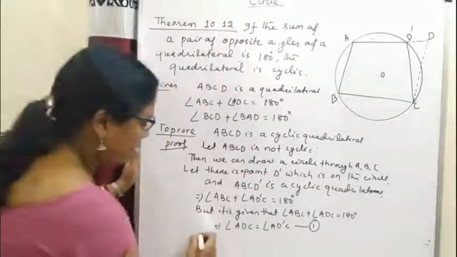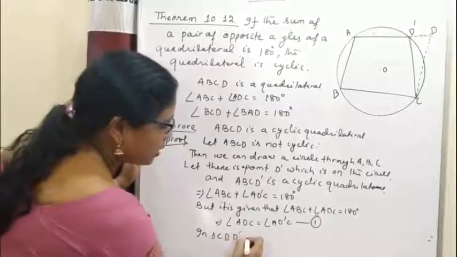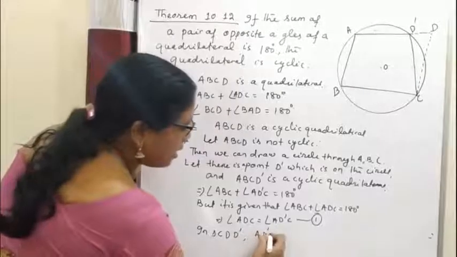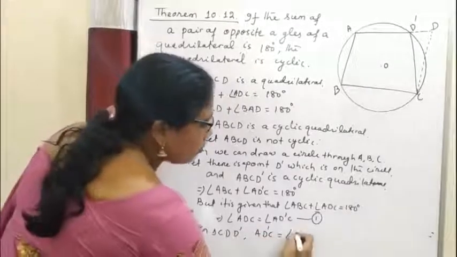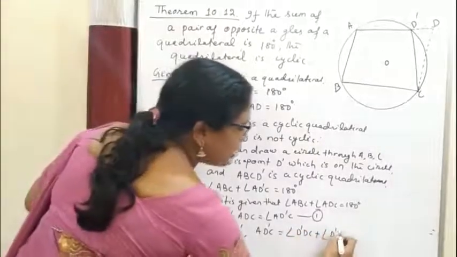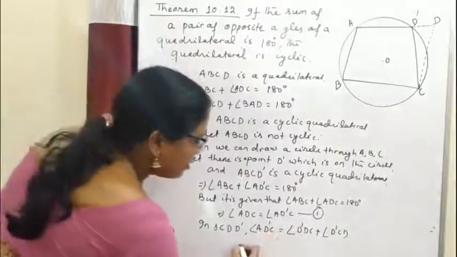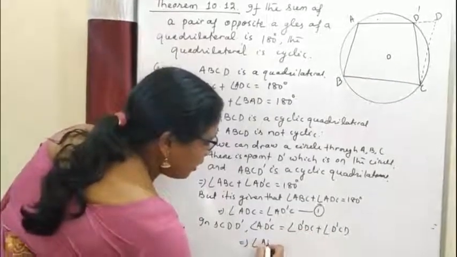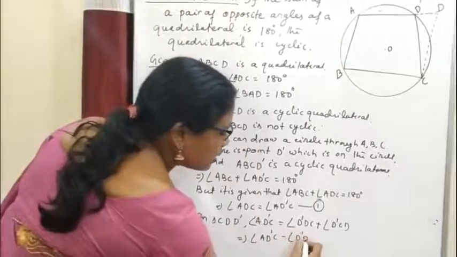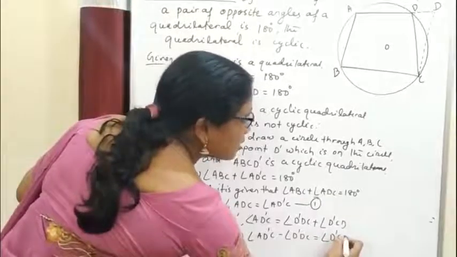So now in triangle CDD', the exterior angle AD'C is equal to angle D'DC plus angle D'CD. So again these two angles are equal. So this implies angle AD'C minus angle D'DC is equal to angle D'CD.